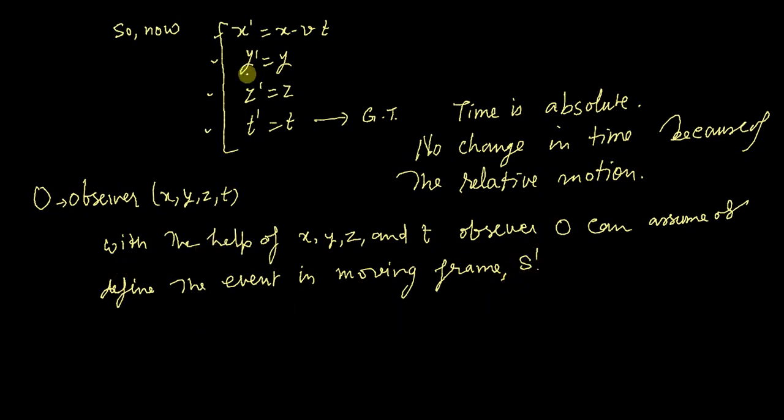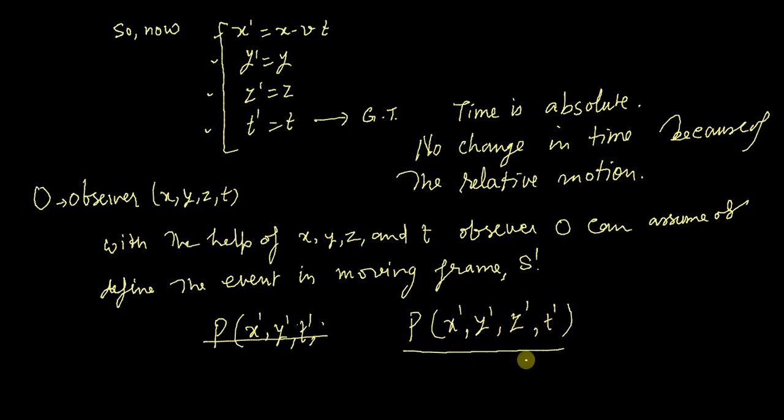So this is x prime, y prime, z prime and t prime for that event. This is the Galilean transformation, and now we will see that.